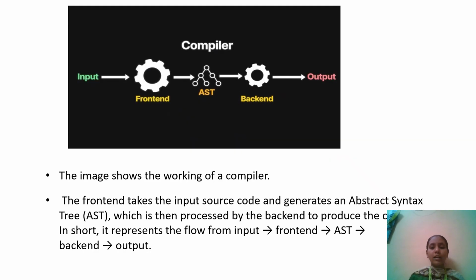Finally, how the compiler uses the abstract syntax tree, as shown in the image, is the working of the compiler. The front end takes the input source code and generates the abstract syntax tree, which is then processed by the back end to produce the output.